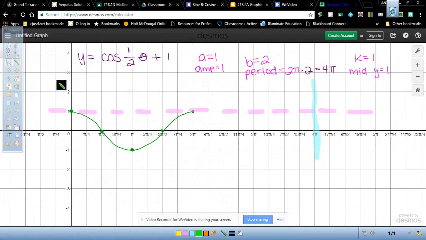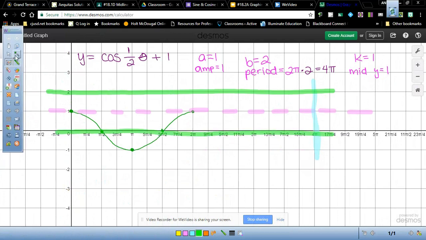I know my graph can go as high as, let's see, 1 above my midline. So 1 above my midline, it can go as high as 2. It can go 1 below my midline. So it can go as low as 0. So my graph is going to start at my a above my midline.